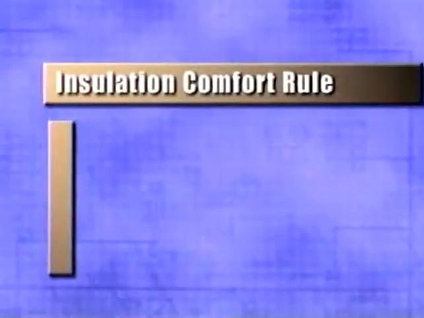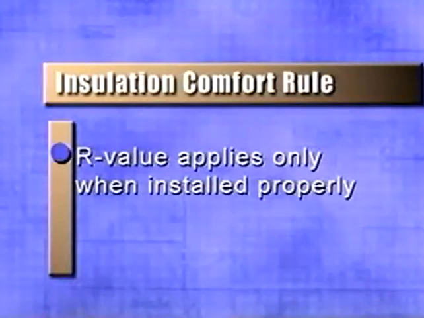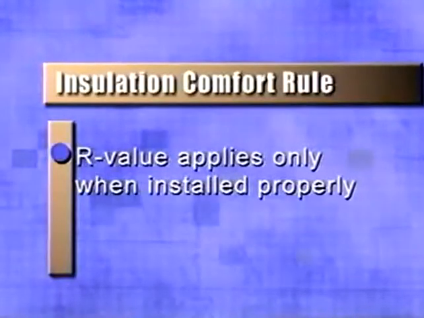Typically, in a normal house, we might find dozens and dozens of places where one or more of those things are happening, so that the R value that's printed on the little paper is not being achieved. So, our comfort rule is: the R value of insulation is achieved only if it is installed properly.